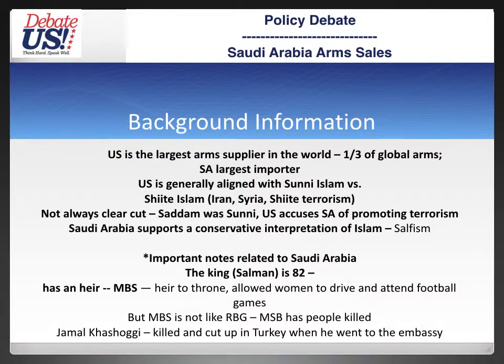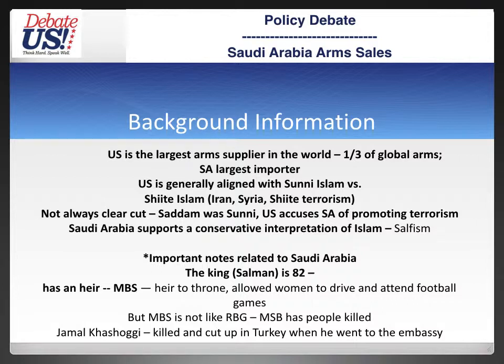Now, the third category of information on this slide is related to Saudi Arabia. It's very important to this understanding that Saudi Arabia is ruled by a monarchy, and it has a king. Their current king is 82 years old, King Salman.